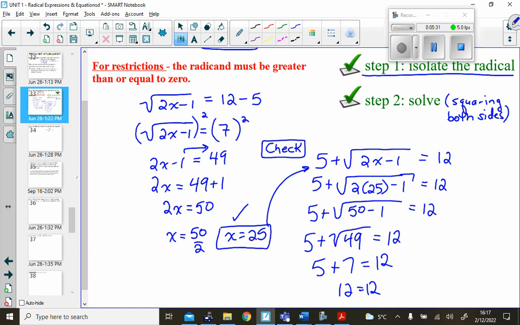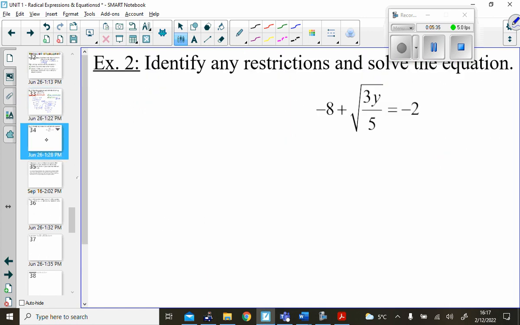Let's look at a slightly harder question. Fractions, don't freak out. So you have minus 8 plus square root of 3y divided by 5 equals negative 2. This is the radical term. You want it alone.